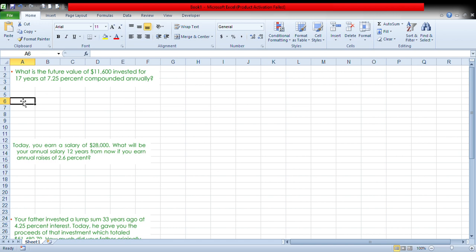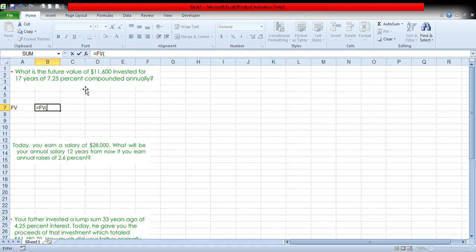First, we need to calculate, as mentioned in the question, the future value. Let's calculate the future value, ladies and gentlemen. Future value is FV. What is the rate?